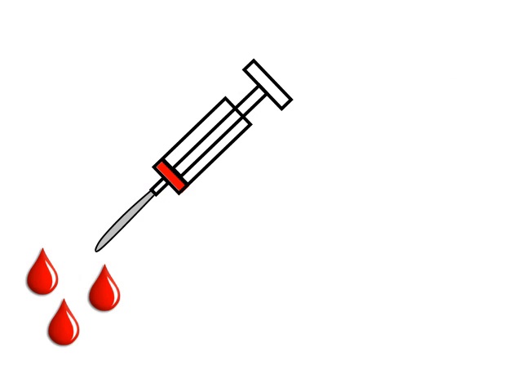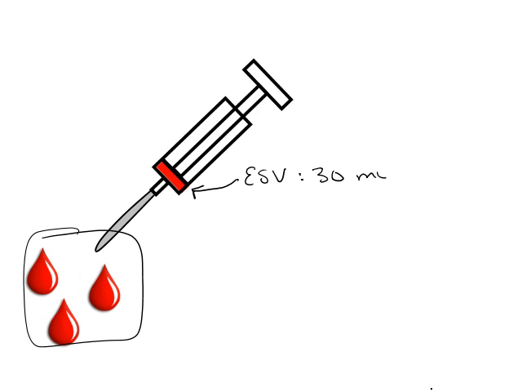Now, this syringe has undergone systole, so the syringe has been plunged. So in our model, it would be the ventricle contracting. And so now what's still left in the syringe, this is end systolic volume. Here's the blood that got pumped out. Here's the blood that still remains in the ventricle after it's been contracted. In this example, our end systolic volume is going to be 30 milliliters.